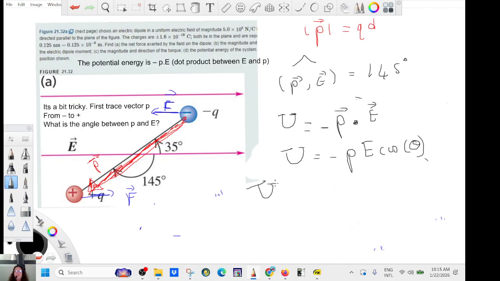Okay, so the potential energy will be minus P2 times negative 29 E 5 times 10 to the 5. Is that right? Cosine 145. So you see, it can be tricky because don't confuse the cosine and the sine.